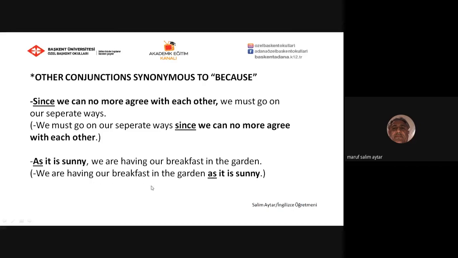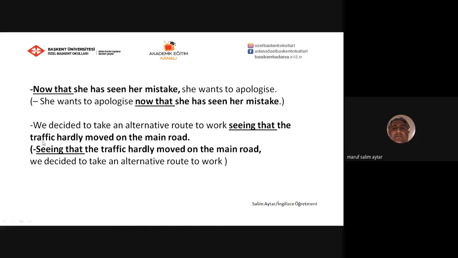We're having our breakfast in the garden as it is sunny. Another conjunction meaning because is now that. Now that she has seen her mistake, she wants to apologize. Or she wants to apologize now that she has seen her mistake.